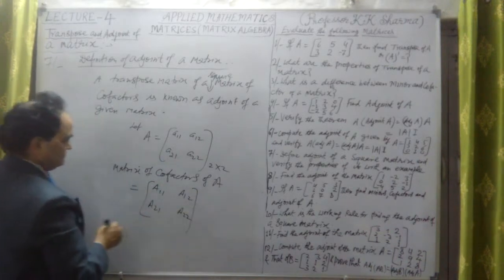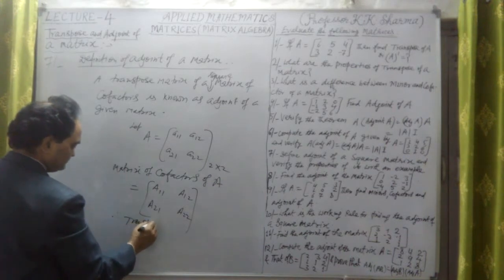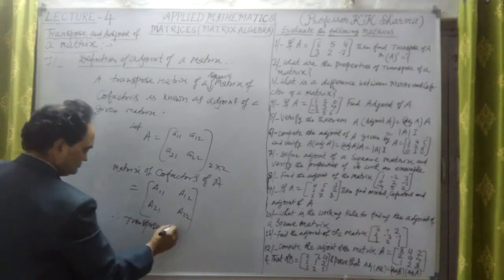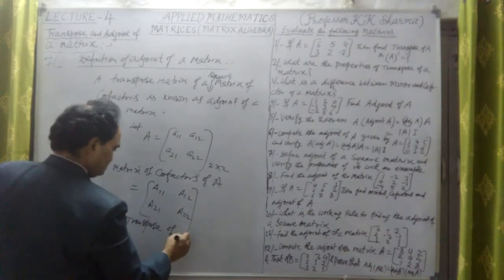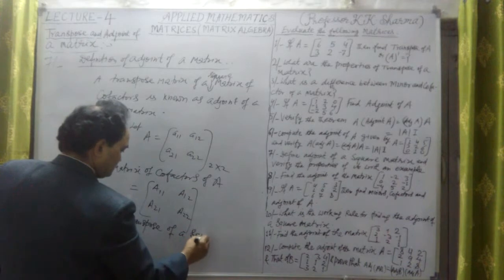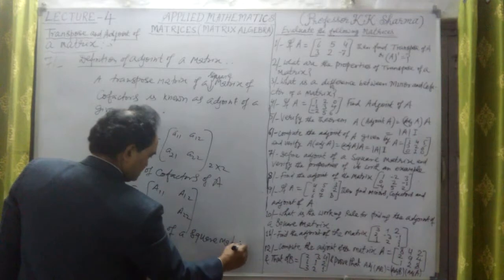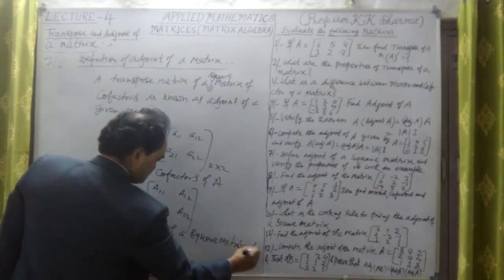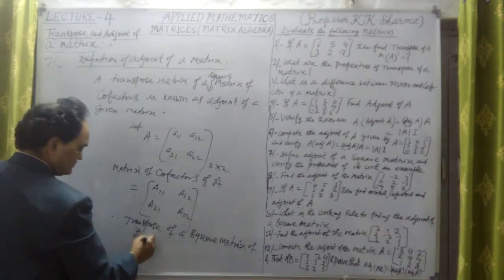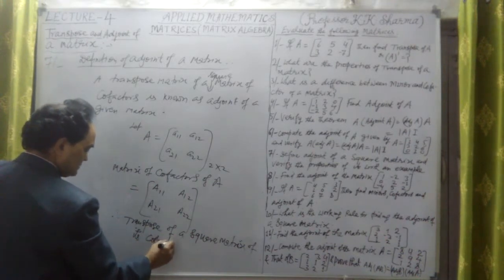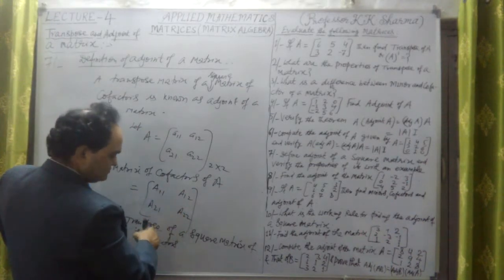Therefore, the transpose of the matrix of cofactors of a square matrix. In this case, we have to just transpose this.